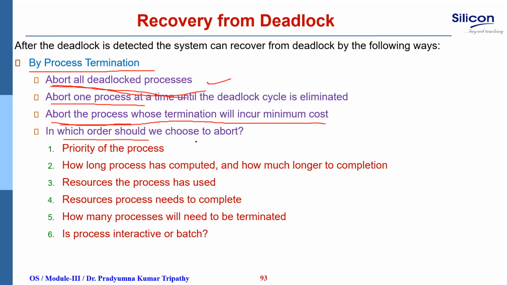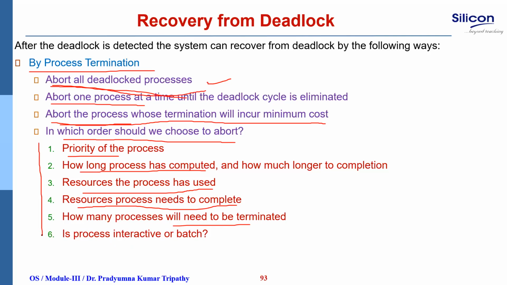In which order should we abort? We'll look into the priority, how long the process has computed, how many resources it has used, how much more is required, and how much extra time is required for terminating. So we'll consider these things before terminating the process. This is by process termination.